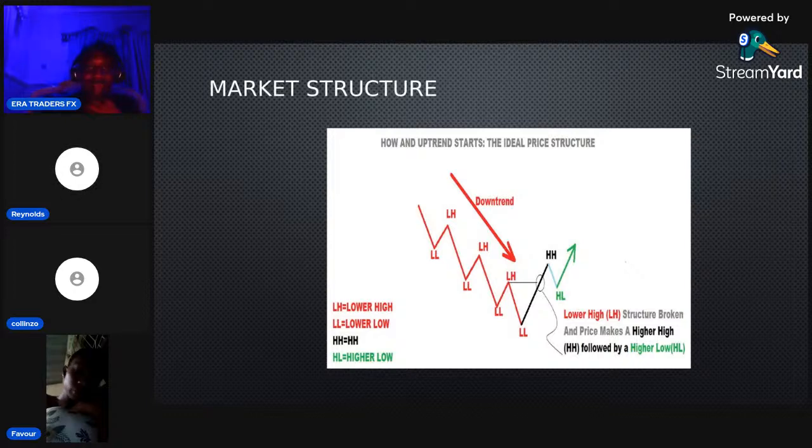They now took out the low, forming a lower low. That means you should know that now you are on a downtrend. This is the daily time frame. The market started forming lower low, lower high, lower low, lower high, lower low, lower high, lower low. Do you get what I'm saying?